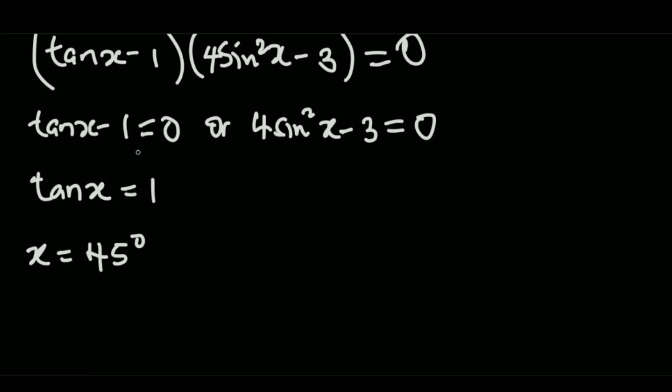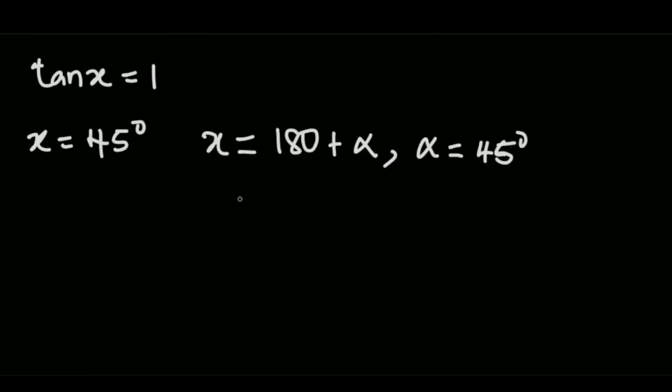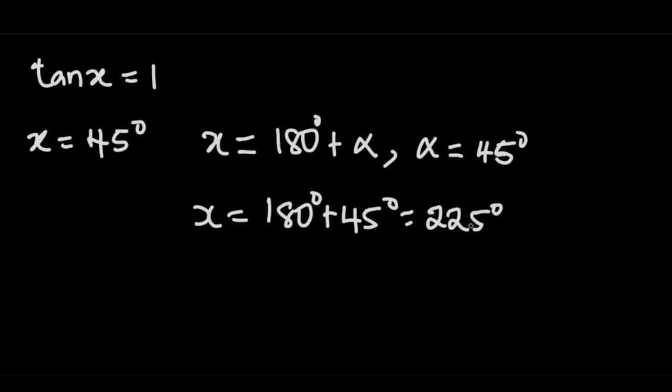To find that angle, since it's in the third quadrant, we say x equals 180 degrees plus the reference angle, which is 45 degrees. So x equals 180 plus 45 degrees, which simply gives us 225 degrees.